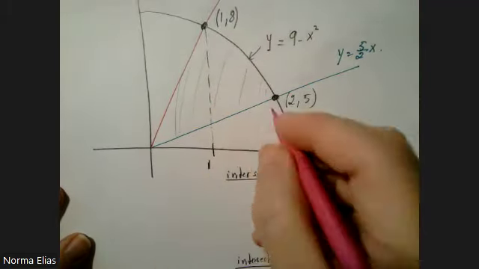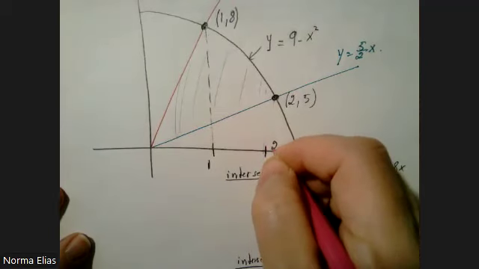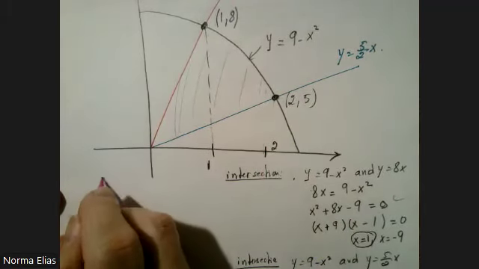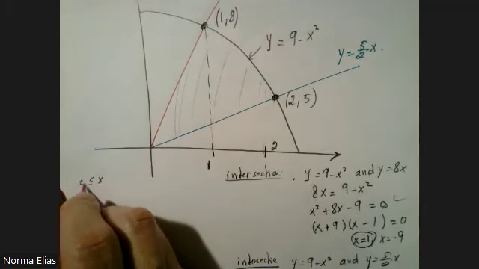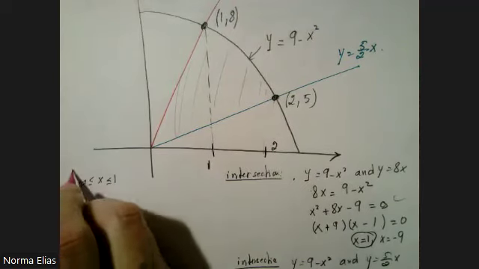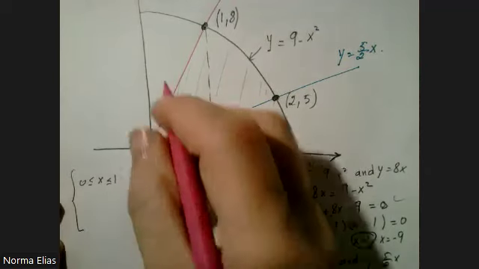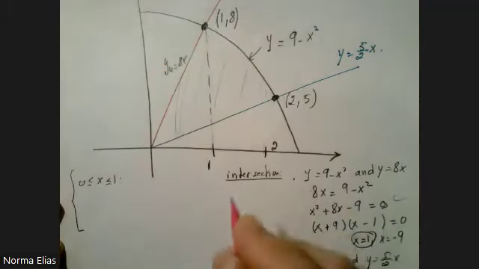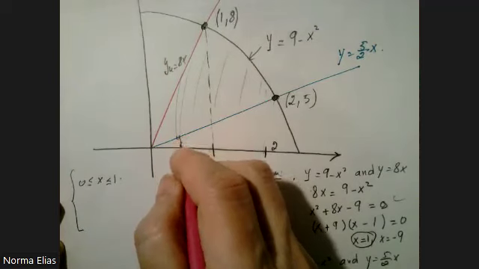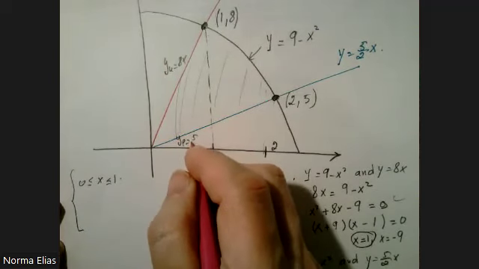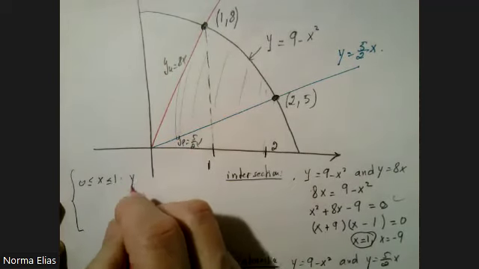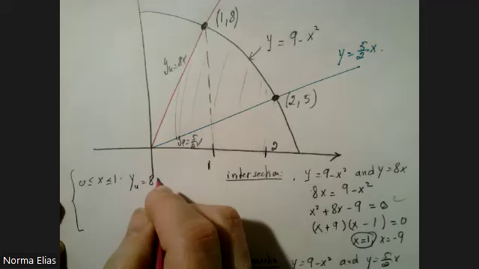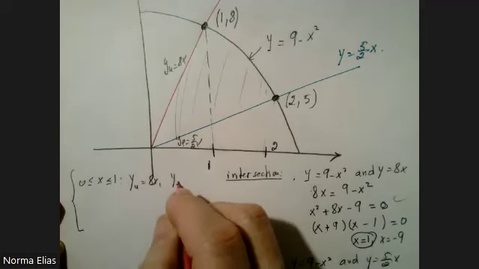This is a 1. And right here is my 2. So now we have the situation between 0 and 1. Between 0 and 1, the upper curve is 8x. The lower curve is 5 over 2 x. So that's the upper, and that's my lower curve.